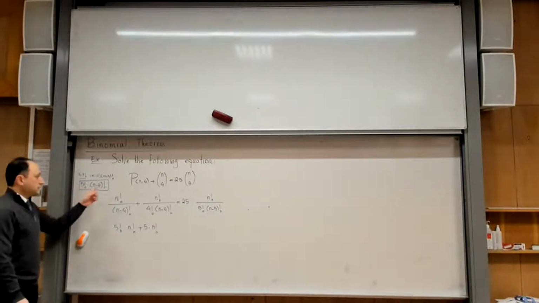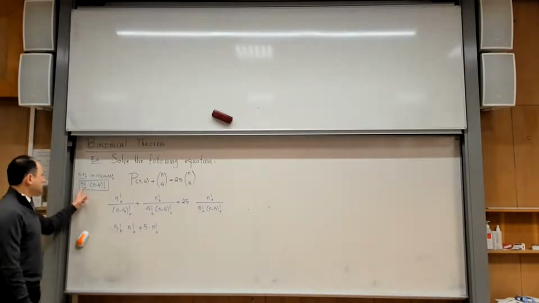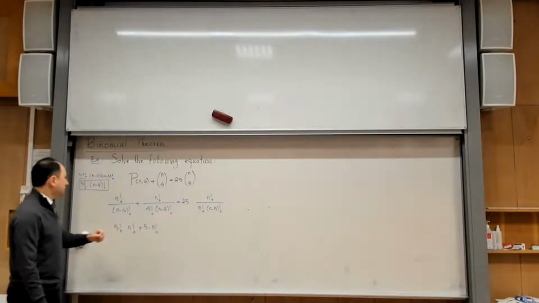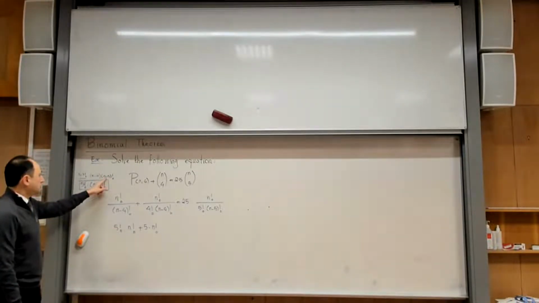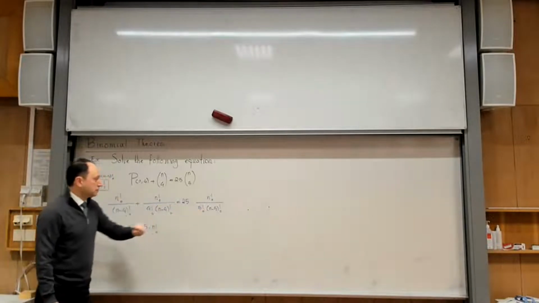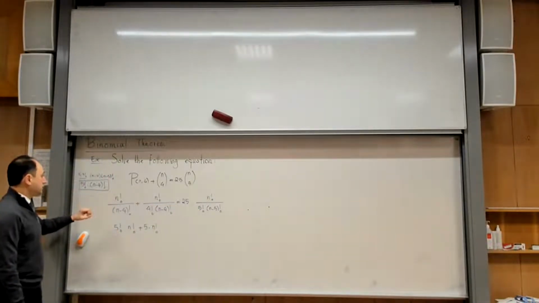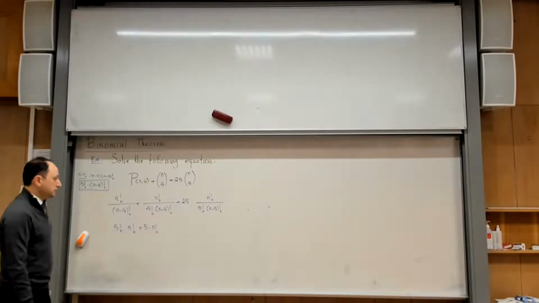And now I multiply the last one. So 5 factorial and 5 factorial are simplified. N minus 4 factorial and n minus 5 factorial are gone. What is left for me is just n minus 4 that I have to multiply in the numerator.